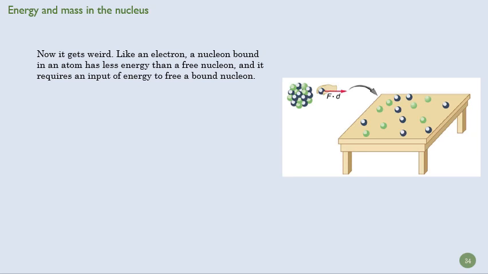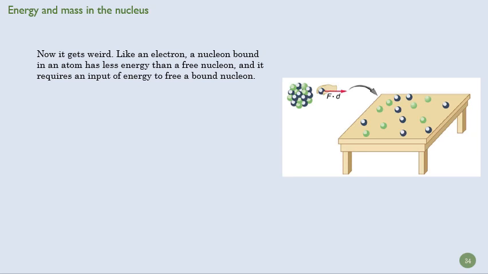Well, when we start talking about nucleuses, that force is so strong that we have to start taking Einstein's equation between energy and mass into account. So an electron, we talked about before, has less energy when it's bound, right? Because it has a lot of potential energy when it's far away, and it loses that potential energy as it gets attracted to an atom.